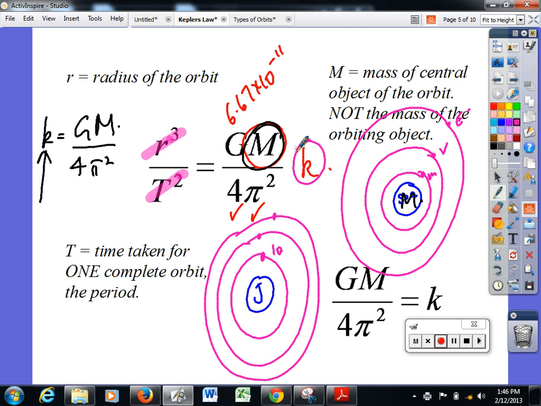Okay. And the K value can change. R and T are traditionally measured, R in metres and T in seconds. But if we were to do everything in kilometres and everything in hours, then this K over here can change quite okay, as long as everything in the entire solar system is measured in kilometres and hours.